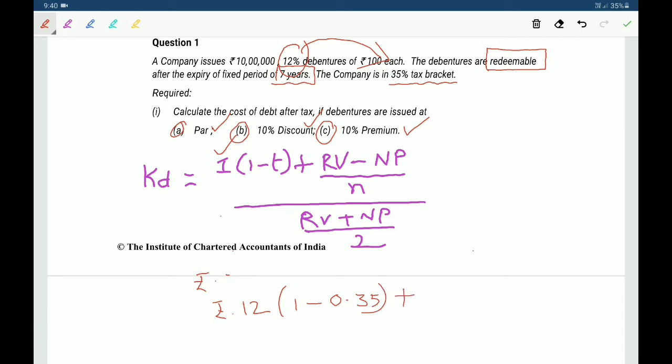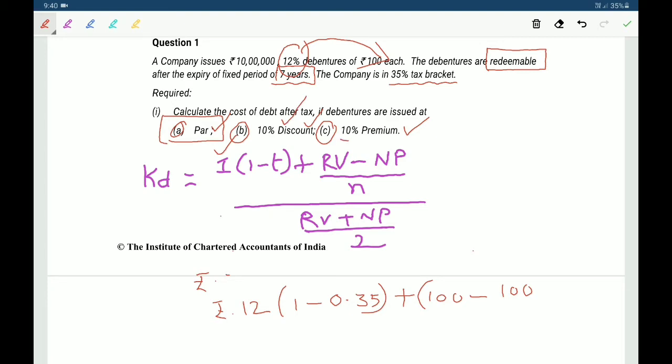What is the redemption value? 100 rupees. Redemption value minus net proceeds. How much? Issued at par, 100 rupees. In case issued at discount, how much? 10% discount, that means 90 rupees.